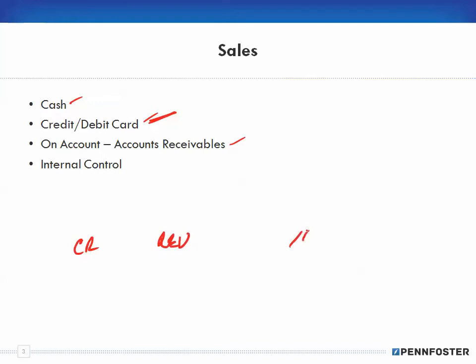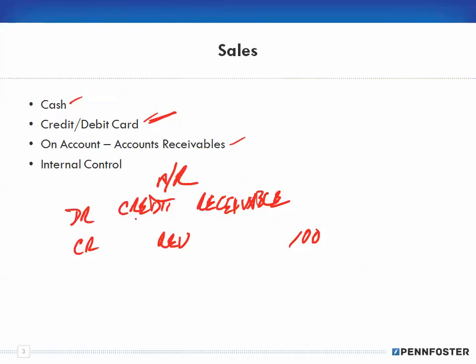Let's just say it's for $100, and you would debit a credit receivable account, or you can also debit your accounts receivable, because you're using that credit or debit card as a form of payment.